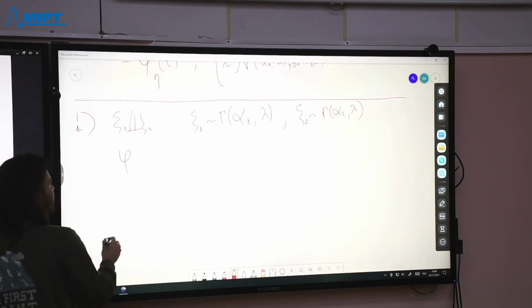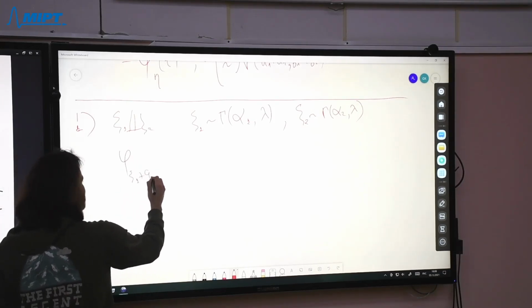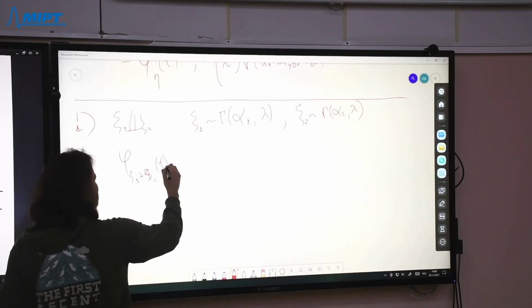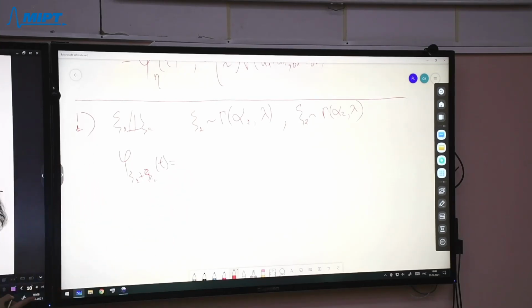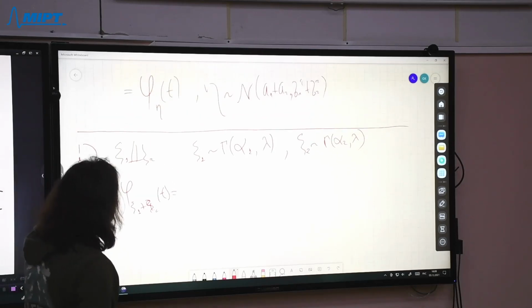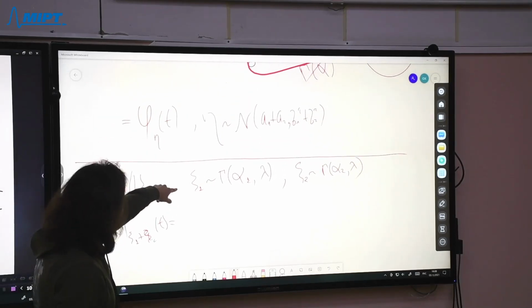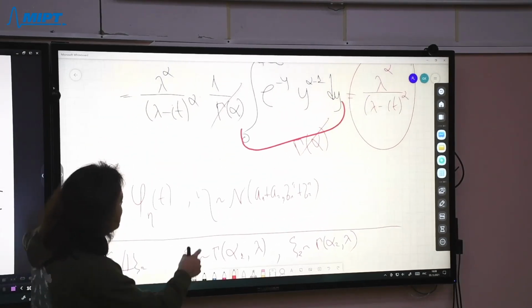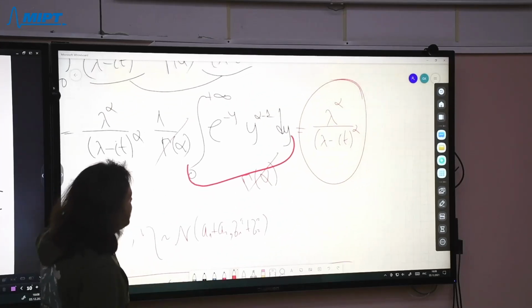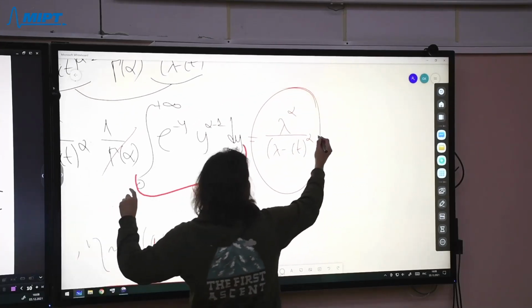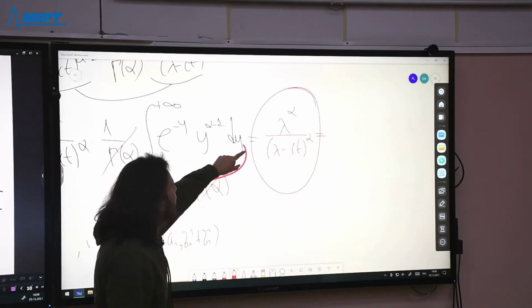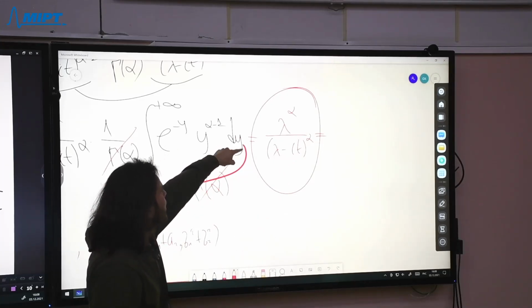So the characteristic function of psi1 plus psi2 is going to be the product. So let's find the characteristic function of this. We have it here, but it's better if we do the following. Let's divide everything by lambda to the alpha.